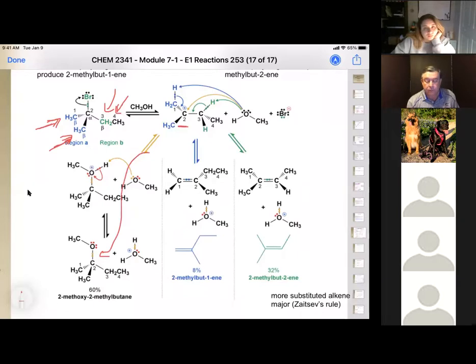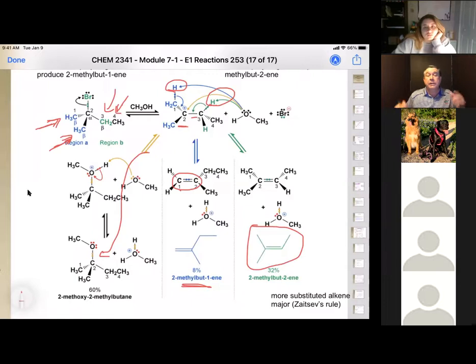However, if we remove the proton from this primary beta carbon, we're going to end up with a di-substituted alkene, which looks like this. Okay, it's like, oh, di-substituted, that's not too bad. Okay, however, if we went over here and instead remove the proton from the secondary carbon, we will end up with the double bond forming between those two, and we're going to end up with the tri-substituted.